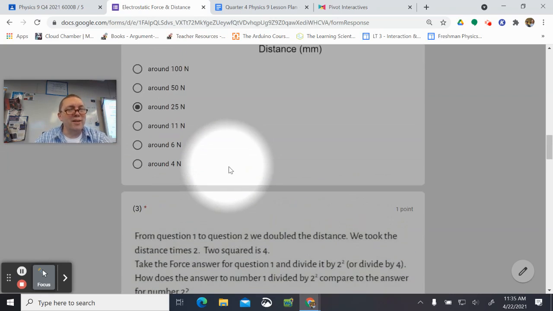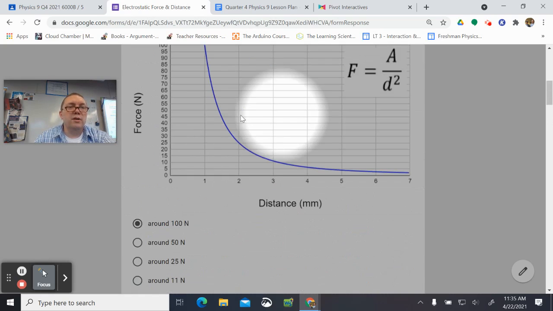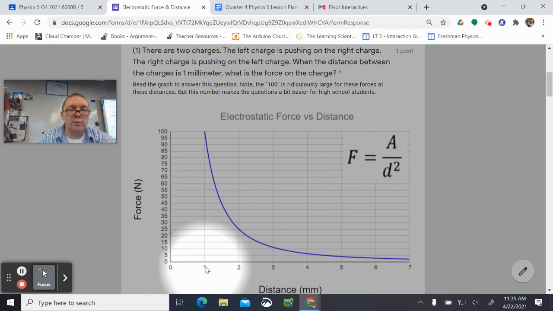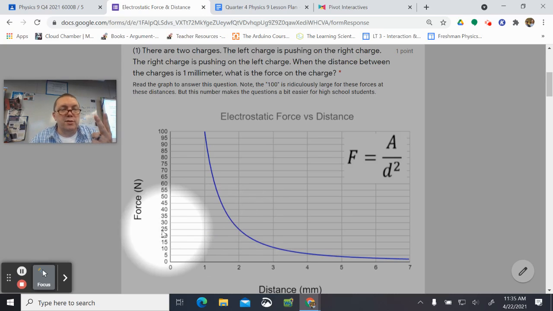So what I'm trying to get at is that here we had a force of 100 at one distance. If I double the distance, I can divide the force by 2 squared, or 4. If I double the distance, the force becomes 1/4 as large.